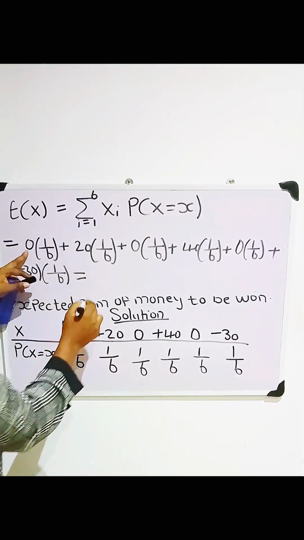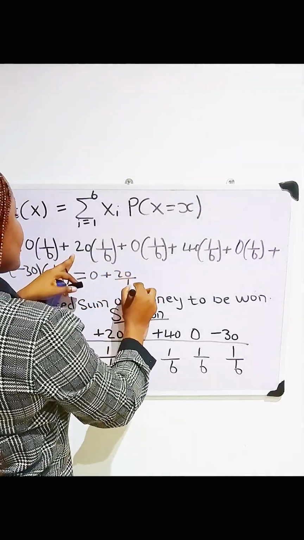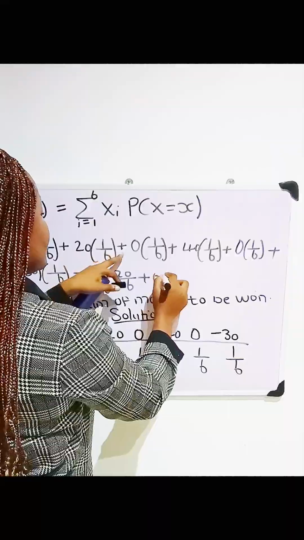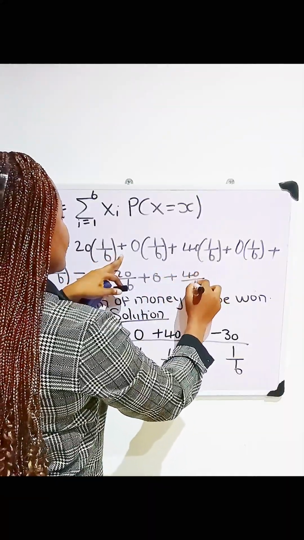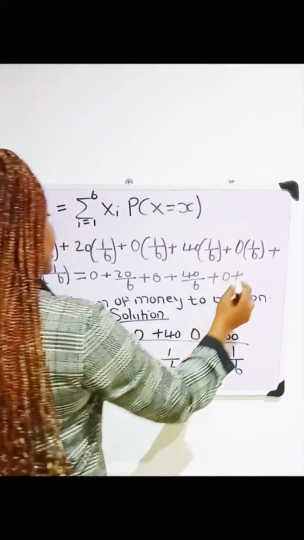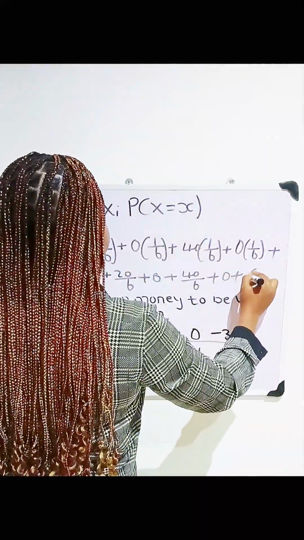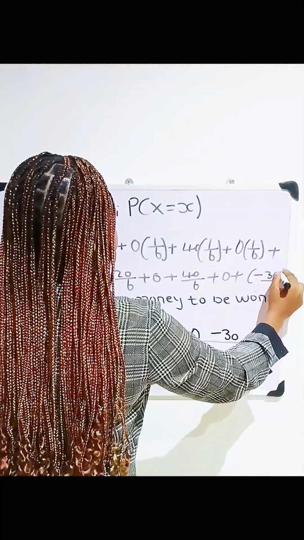So this will be 0 plus 20 all over 6 plus 0 plus 40 all over 6 plus 0 plus minus 30 all over 6.